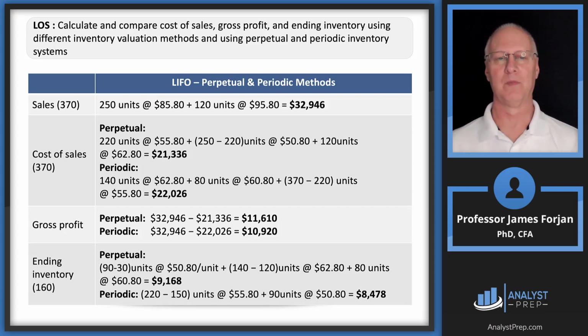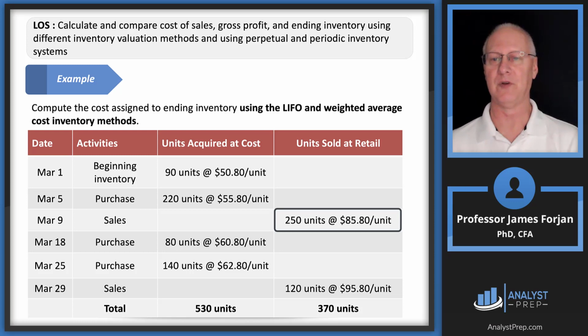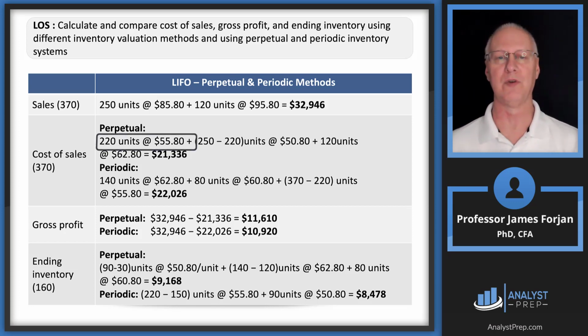All right, so let's work through both perpetual and periodic. What we're trying to do is determine the cost of sales. So let's go back. Perpetual, or continuously, what was our first sale? 250 units at the 85.80. Under last in, first out, that must mean that we sold those entire 220 units that cost us $55.80.